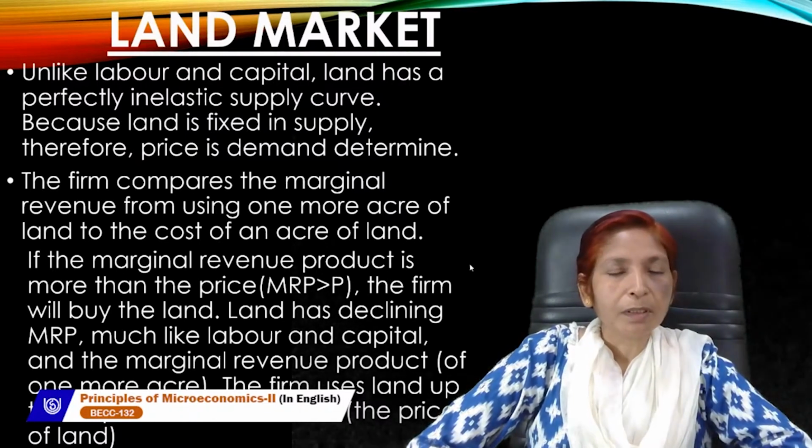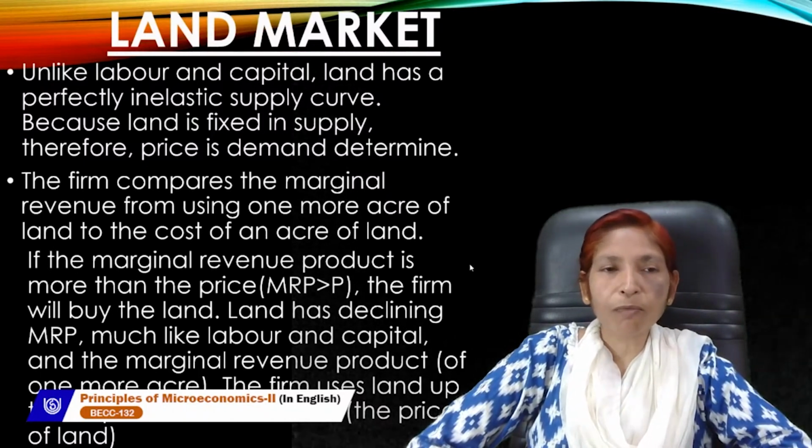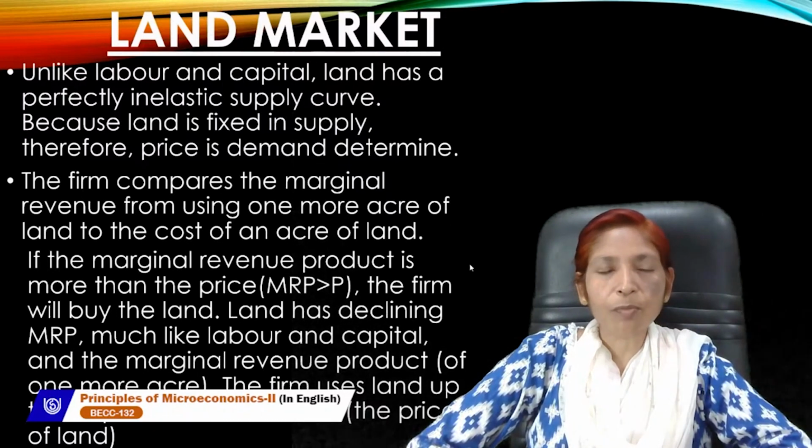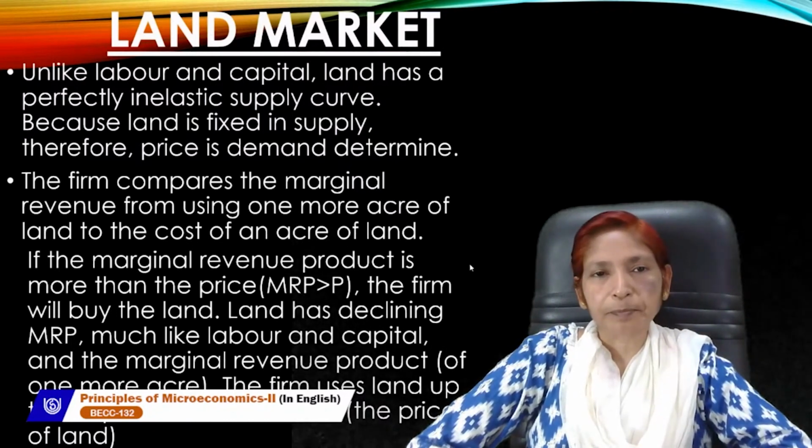For example, here we are discussing land price, how rent is determined, then we will discuss how wages are determined. So we can determine all the factors of production prices jointly or separately.